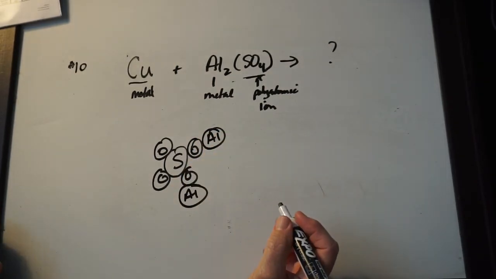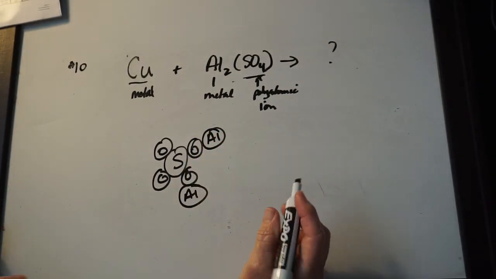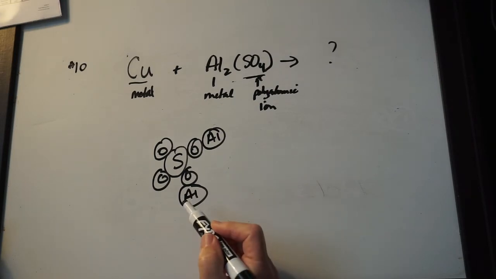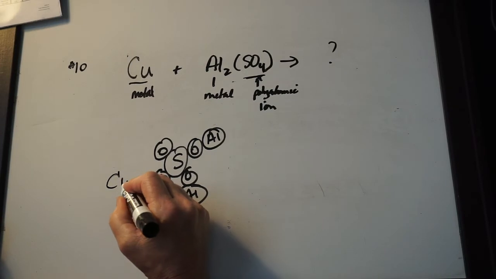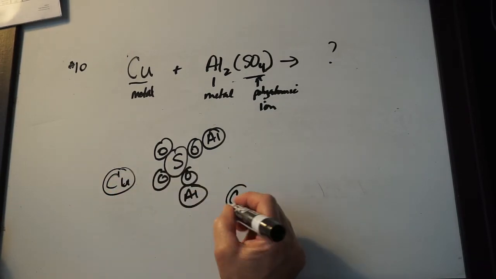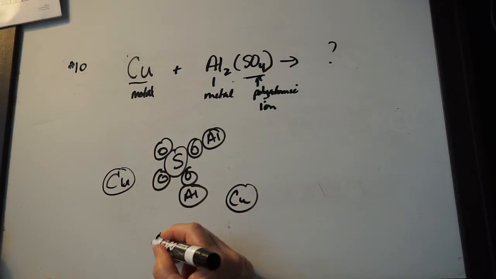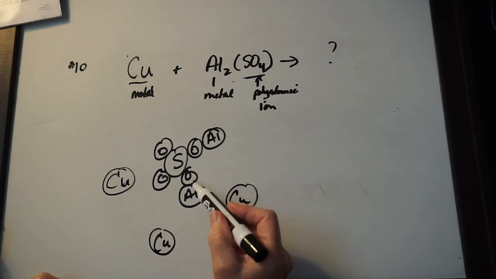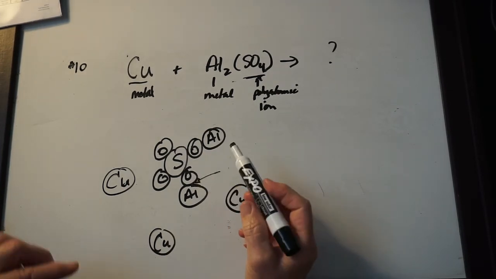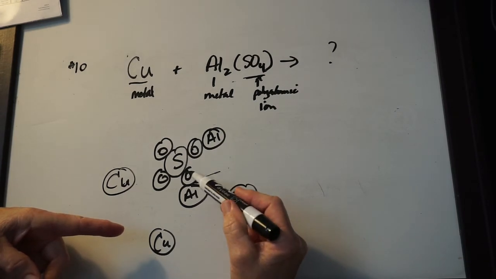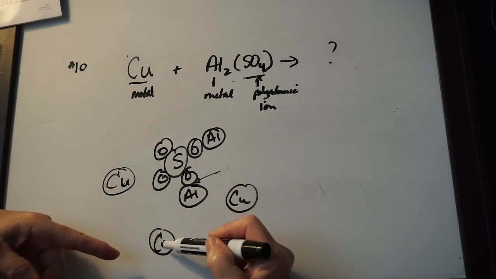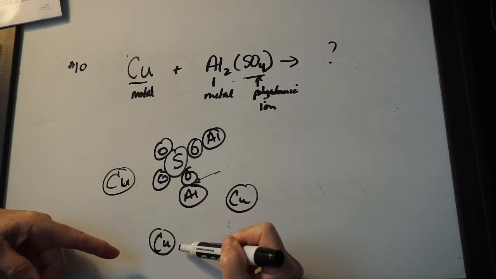Okay, so I have my picture of my aluminum sulfate, and the question is, if I got copper exposed to it, is it easier for the sulfate to stay bonded to the aluminum, or is it easier for it to bond to copper?